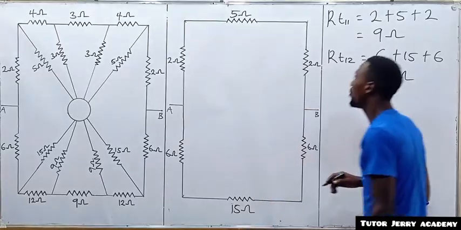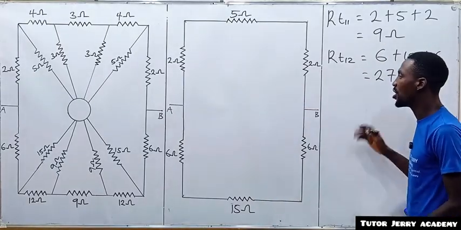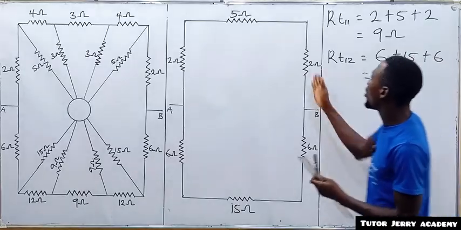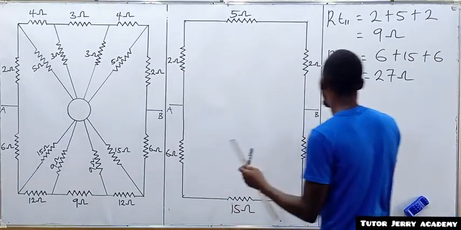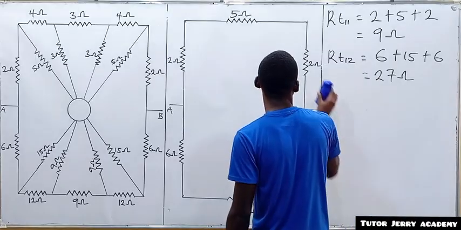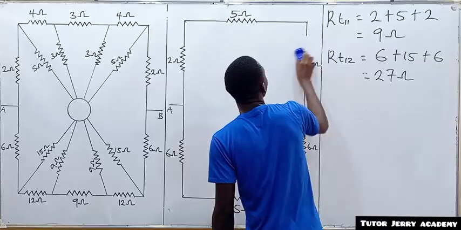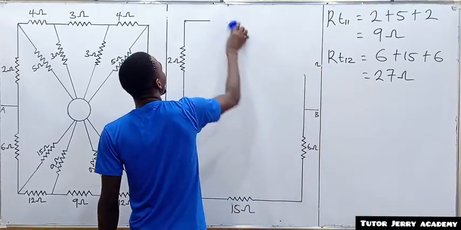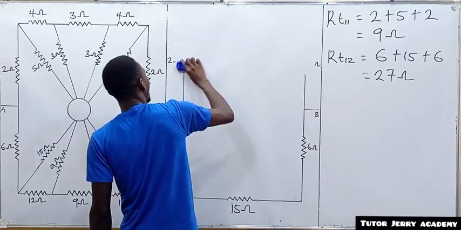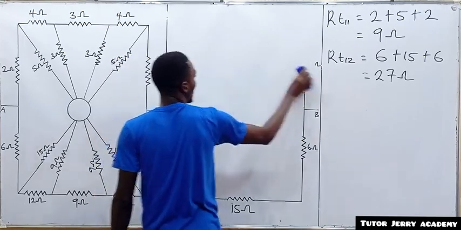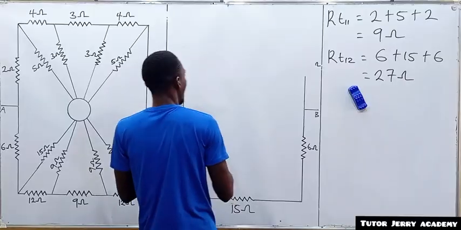Now if you want to redraw this, you will observe that since we have combined all of this together, we can therefore clean everything that we have here. So we can therefore connect this directly now.